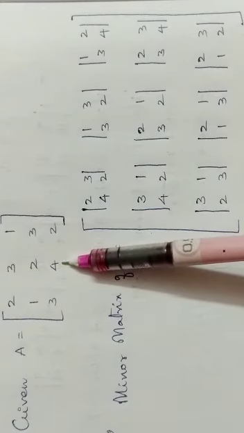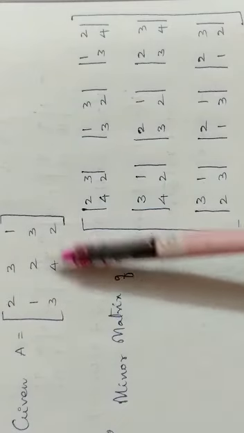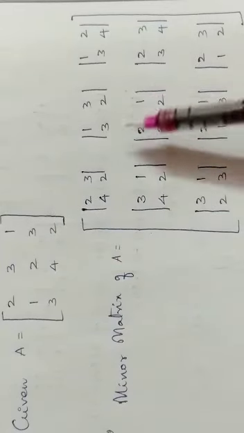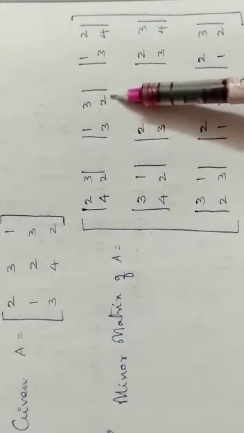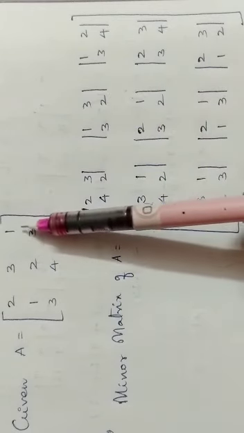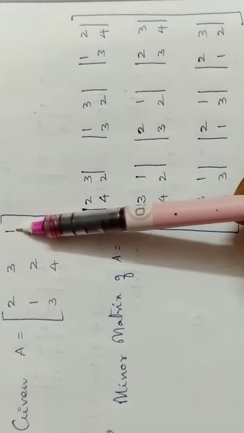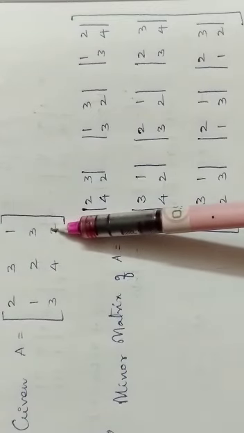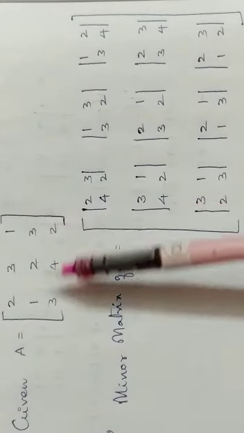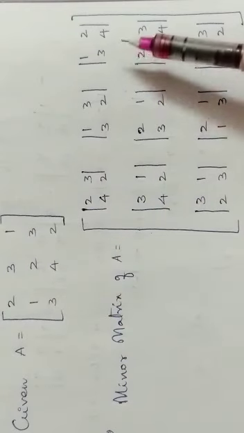What are the 4 elements left? 1, 3, 3, 2. So det of 1, 3, 3, 2. Minor of 1: remove the row and column. The remaining 4 elements are 1, 2, 3, 4.